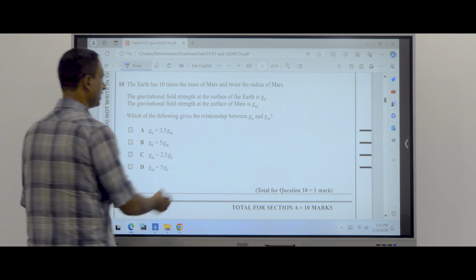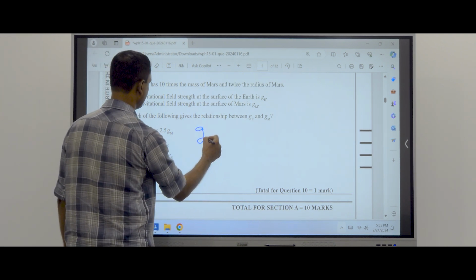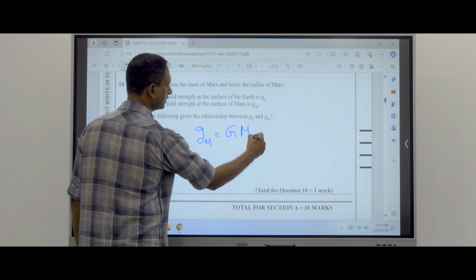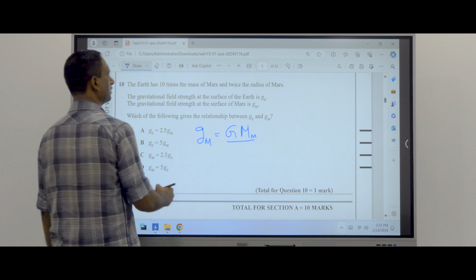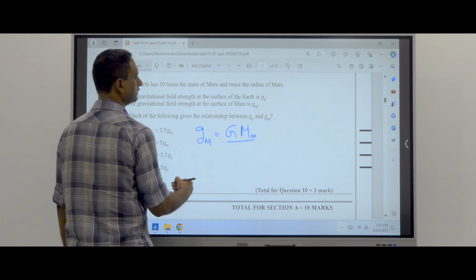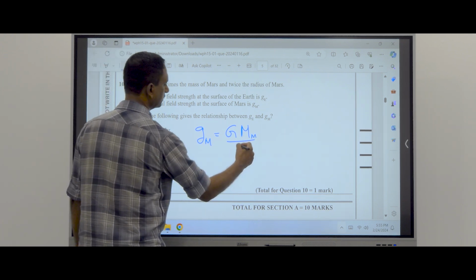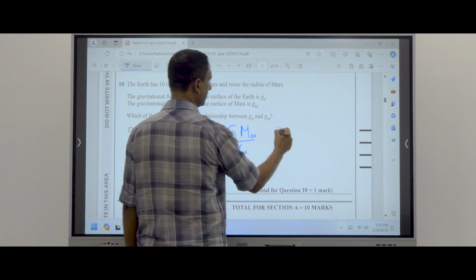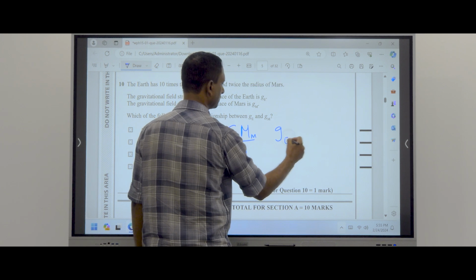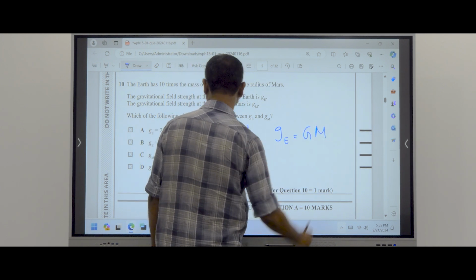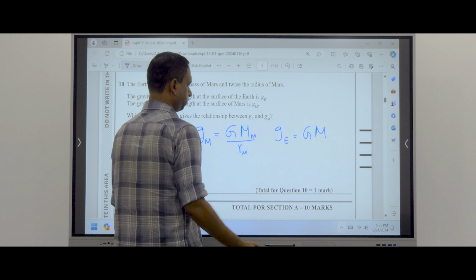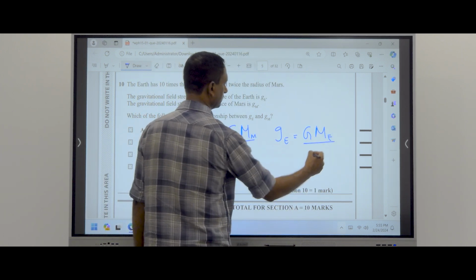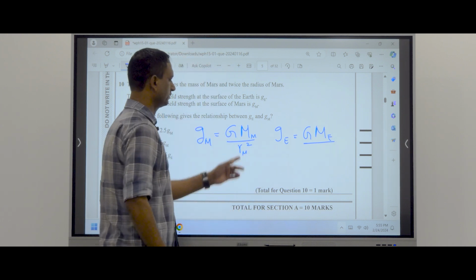I write the equation: gravitational field strength is equal to G times mass M divided by radius r squared. Then I write the gravitational field strength of the Earth.